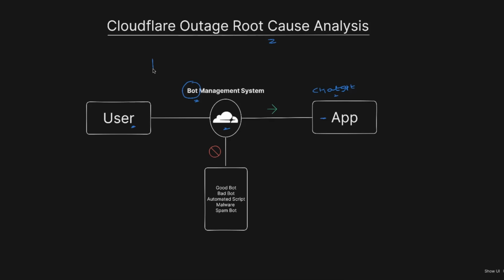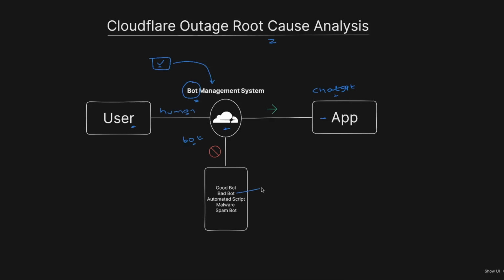Now, if you go on the internet, you must have seen, when you try to access a website, a checkbox asking you to verify if you are a human or a bot. Your action, that is your click on the checkbox, is actually read by the bot management system, and this identifies if you are a human or a bot.